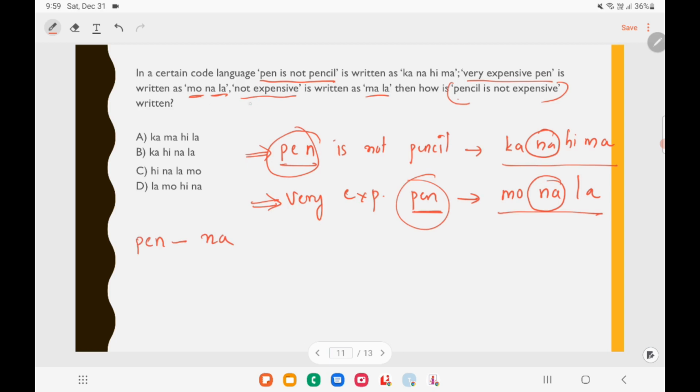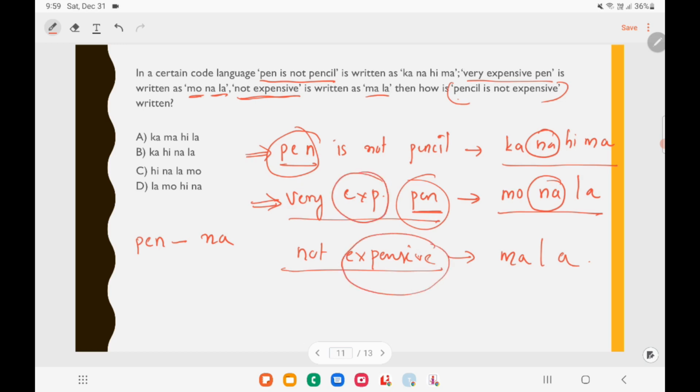Now our last one is "not expensive". "Not expensive" is ma la. So from here and here we know that expensive is the common word, right? Here expensive is there, here expensive is there.